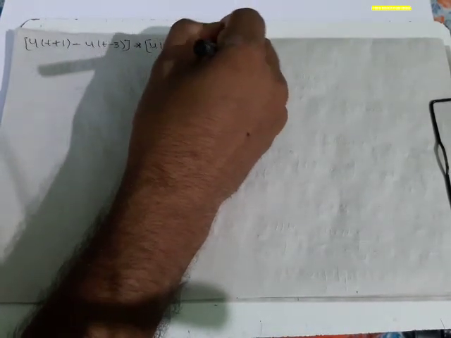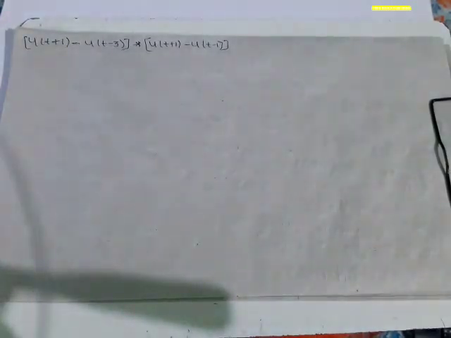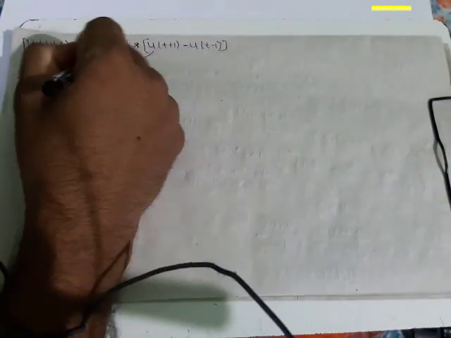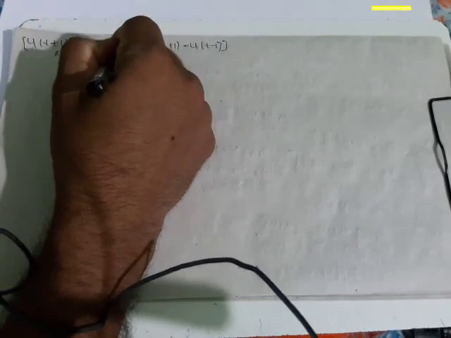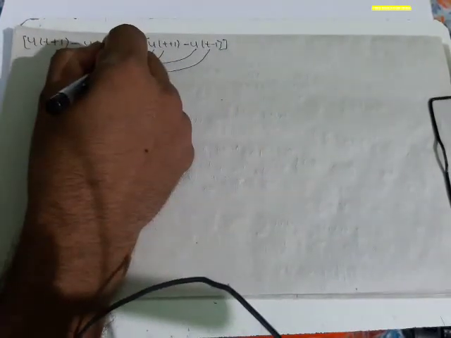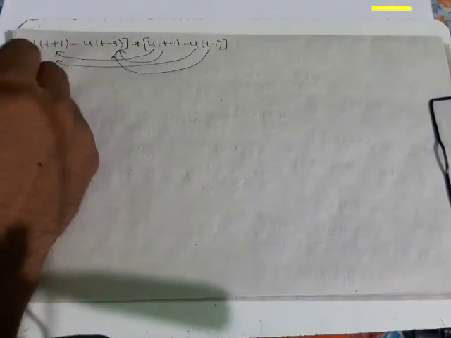Now see here, it is nothing but u of t plus 1 convolution with u of t plus 1, here again minus u of t plus 1 convolution with u of t minus 3.